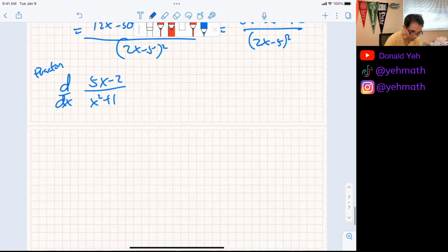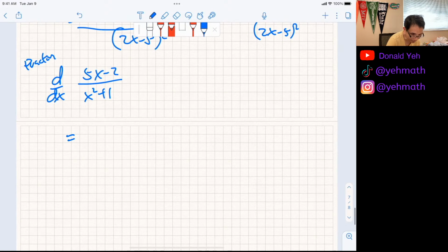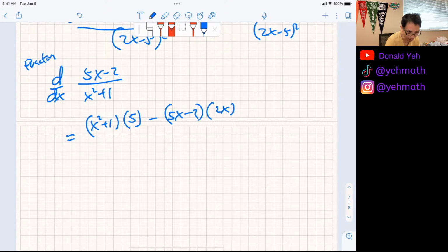Okay, anyway, what's the derivative of this? Low d high, did you do this? Minus high d low, and don't forget the bottom, and don't forget the square. And you can expand the top.